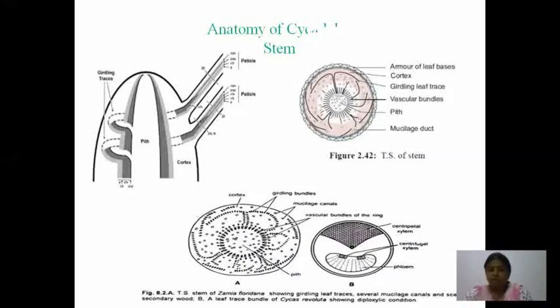In the genus Zamia and in Stangeria, in the secondary xylem, scalariform pits are present, whereas in some other genera, only spirally circular bordered pits are present.